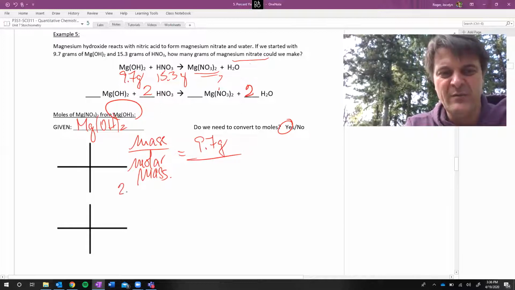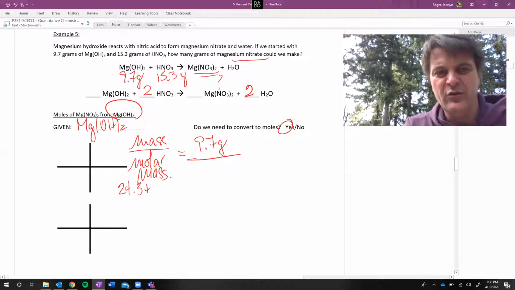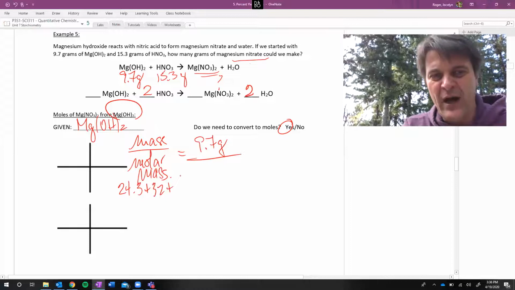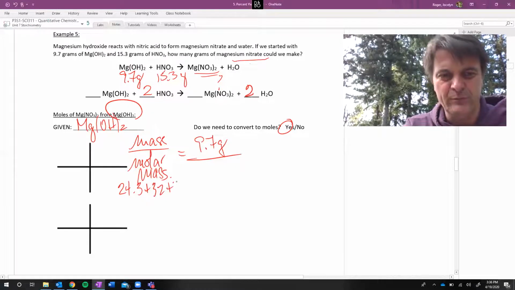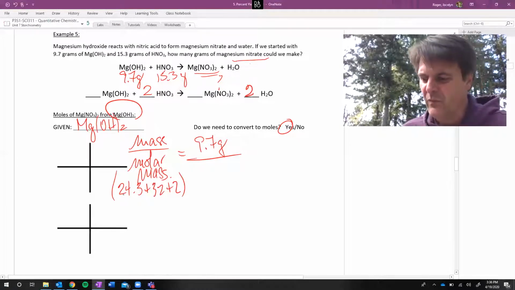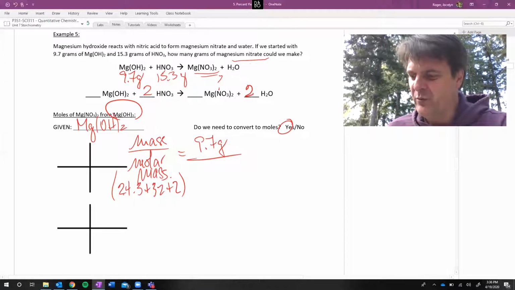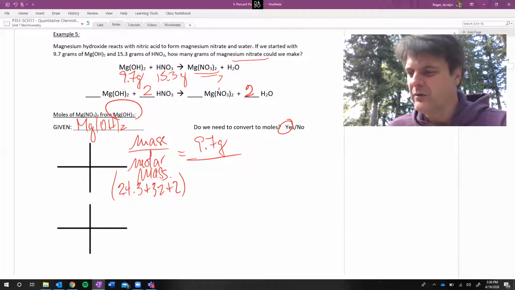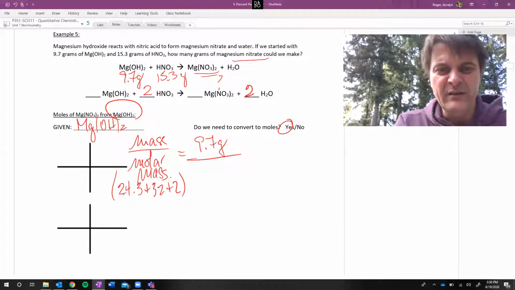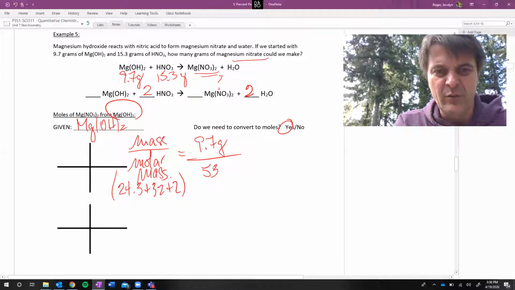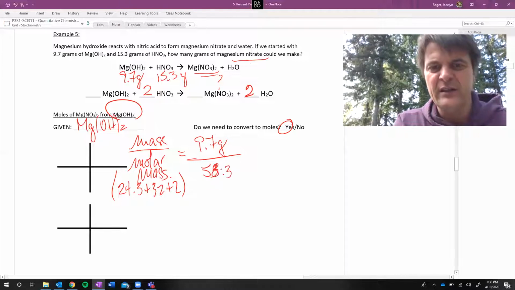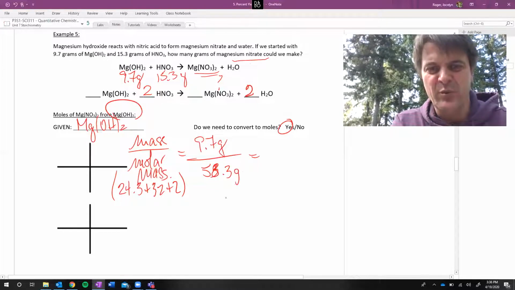So we have magnesium at 24.3, then we have 2 oxygen, so 16 plus 16, that's 32. And then we have 2 hydrogen, so 1 plus 1, that's 2. So 24.3 plus 32 plus 2 is 58.3. That is the molar mass, grams per mole.